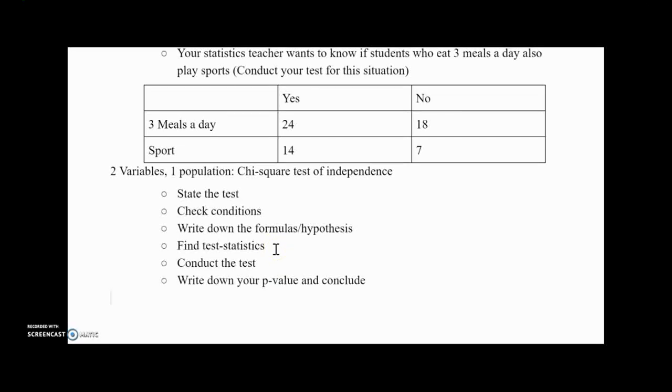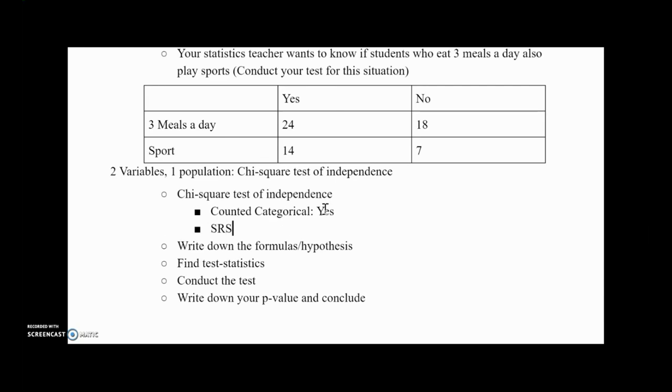First of all, state the test, which, we figured out, is a chi-squared test of independence. Check conditions. What did we say the conditions were? Firstly, it has to be counted categorical. These are counts and these are categorical: 3 meals a day, sports, yes, no. So we say yes. The next one was an SRS and n less than 10% of the population.